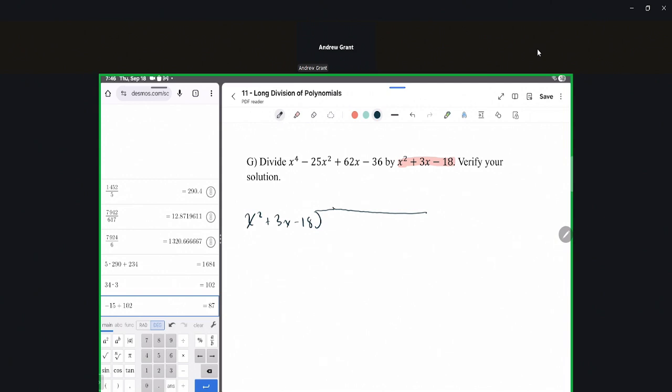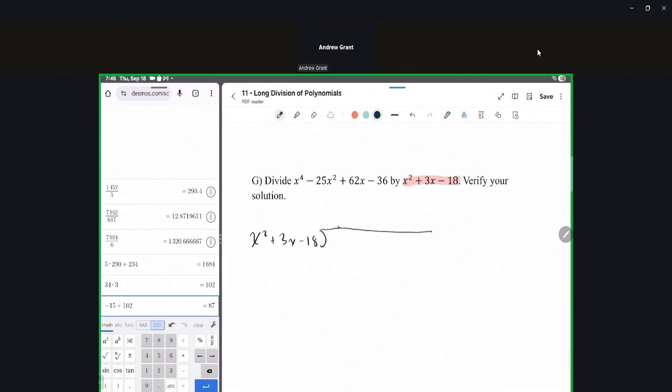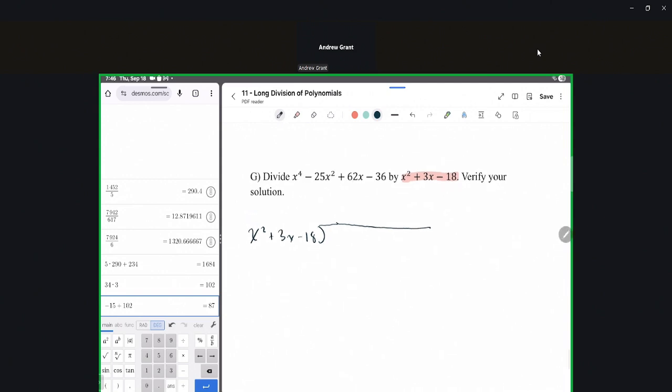Now, we have a small consideration. Notice here that we are missing a cubic term. So we actually need to put in a placeholder term in order to make this work. And so that placeholder term just needs a 0x cubed.